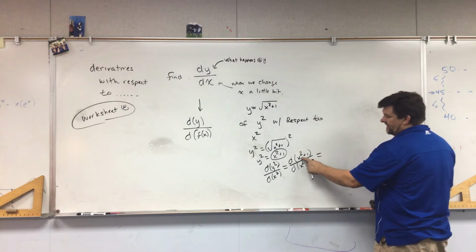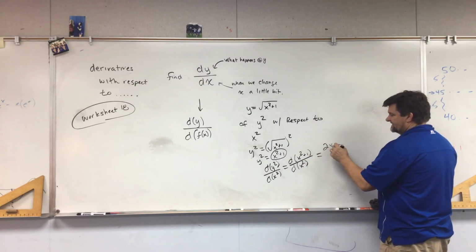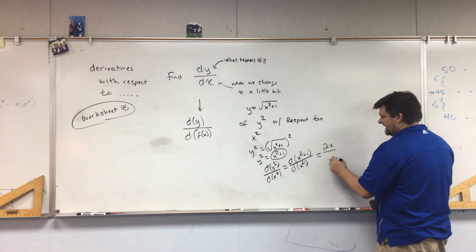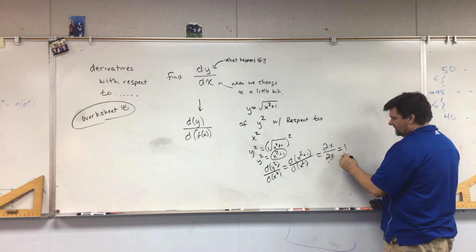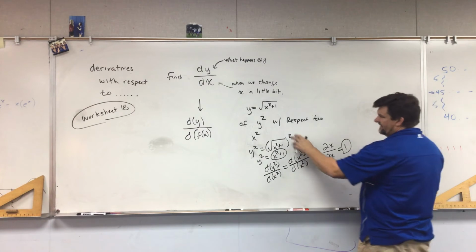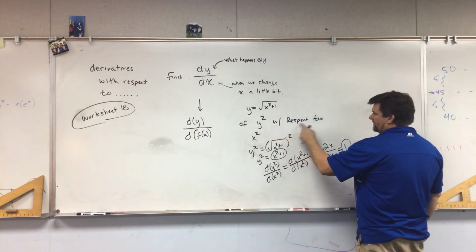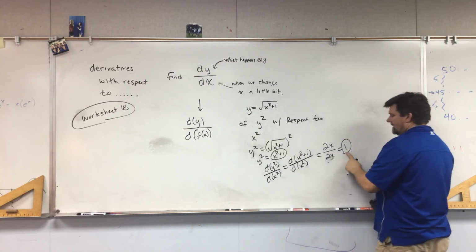So what is the derivative of this? It's 2x. What's the derivative of this? It's 2x. So the derivative of y squared with respect to x squared is going to be 1.